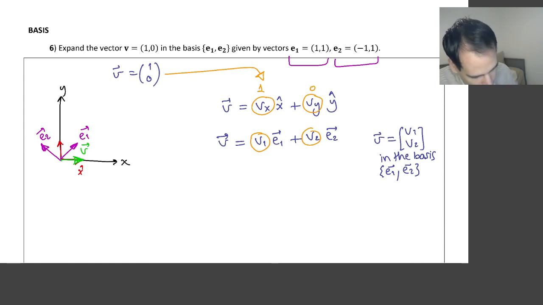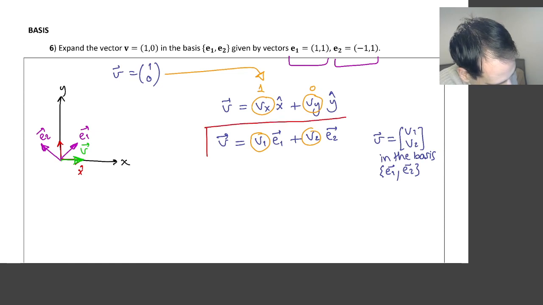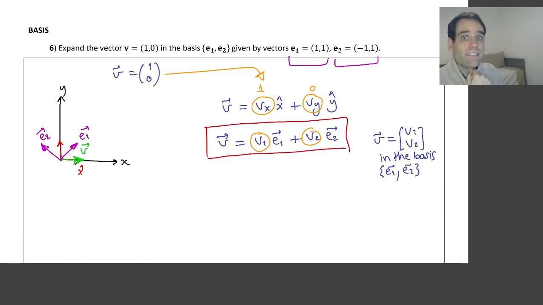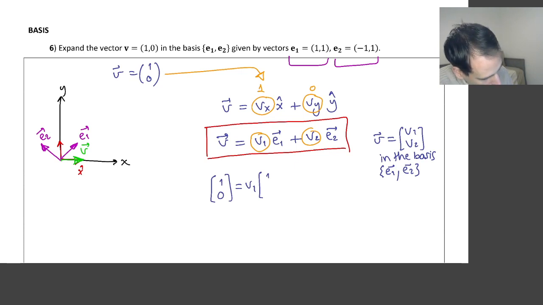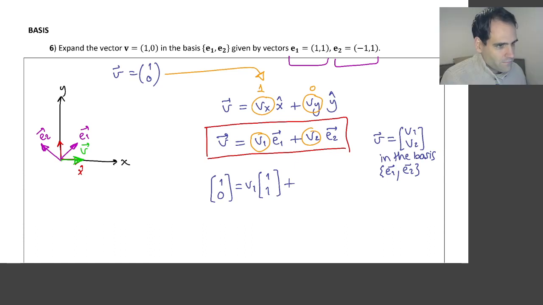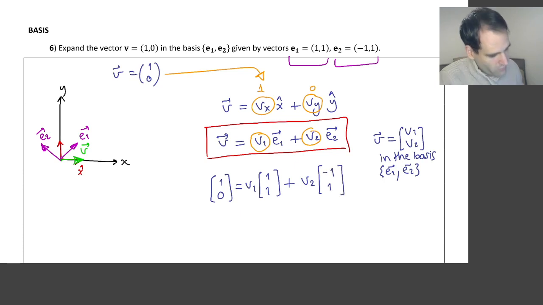Well, the key is to look at this equation. If we write this equation explicitly, this is just a system of equations, because v is a two-dimensional vector. So let's do it. v is our vector, which is 1, 0 in the xy basis, equals v1 times a vector e1, which is 1, 1, plus v2 times vector e2, which is the vector given in the problem as minus 1, 1.